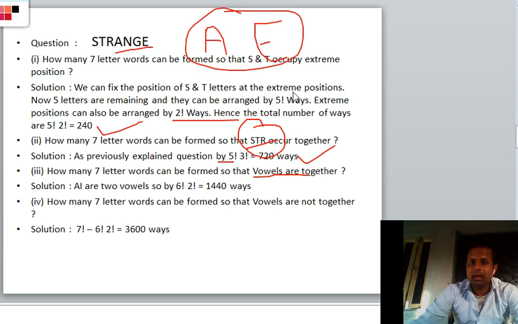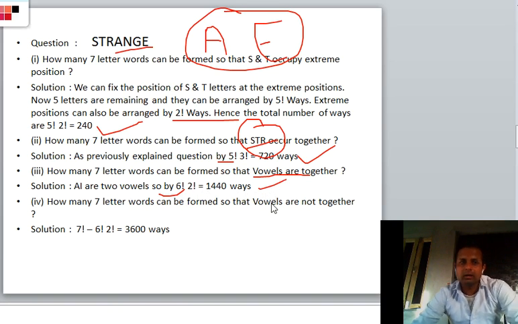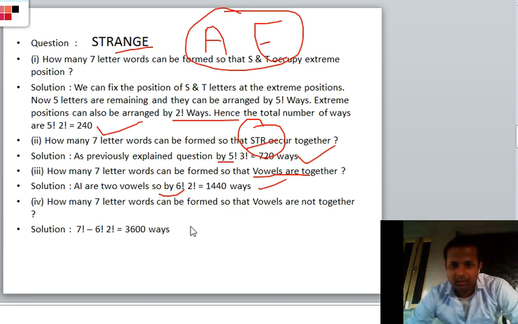We can assume A and E as a single letter. Then we are left with 6 letters, and 6 letters can be arranged in factorial 6 ways. Students, A and E can also be arranged in factorial 2 ways. So the total number of possible ways is factorial 6 into factorial 2, which is equal to 1440 ways.